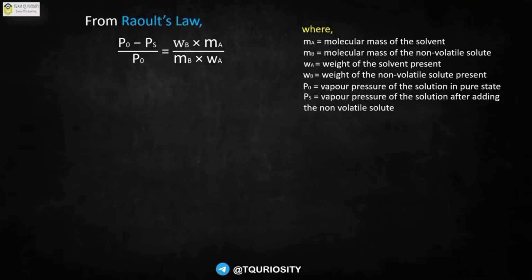Taking P0 to the right side, we get P0 minus Ps is equal to (Wb into Ma by Mb into Wa) whole into P0.